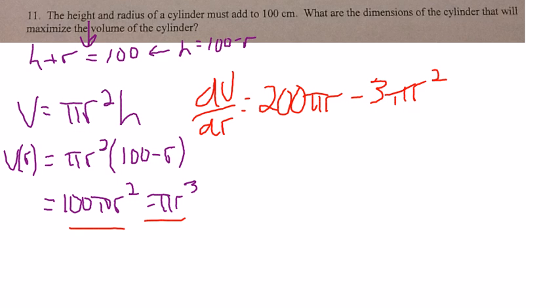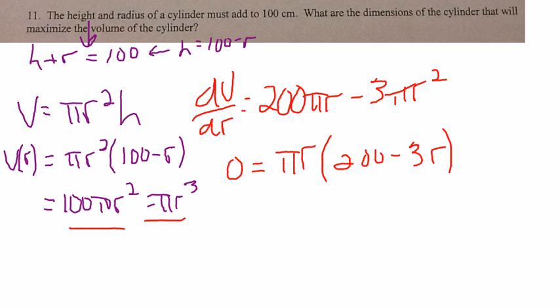I want to set this equal to 0 because it's my derivative, and I want to find a critical value, and that's when it's equal to 0. So I get 0 equals, and I'm going to factor some things out right now. I could factor pi times r out, and that gives me 200 minus 3r.